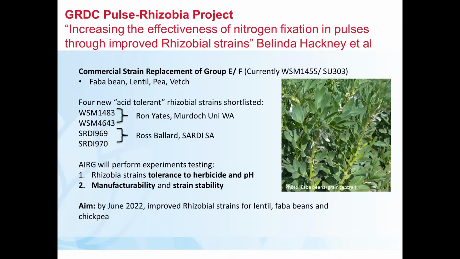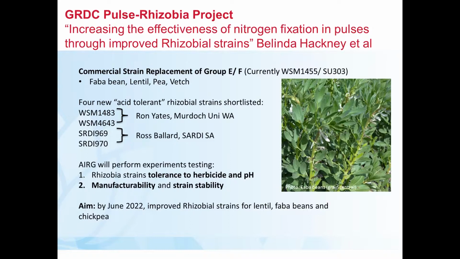So 4 new acid tolerant strains have been shortlisted from a large amount of work. 2 of them come from Western Australia, from Ron Yates's group, and 2 of them come from Ross Ballard's group at SARDI in South Australia. There's a number of field trials going on to assess these strains, and EGG, our group, will be performing experiments testing these strains for tolerance to herbicides, herbicide residues, and also to pH.